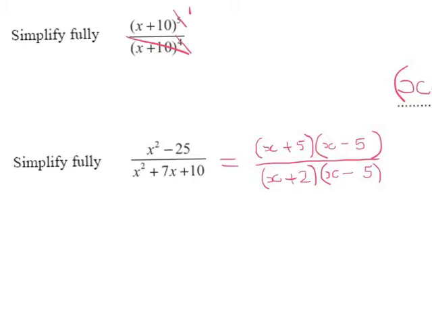Just to double check that, x times x is x squared, 5 times 2 is 10, 2 times x is 2x, 5 times x is 5x, and they would add together to make 7x. Now the trick here is that we need to cancel the common factors. Well, the common factor is x plus 5. So our solution is going to be x take away 5 over x plus 2.